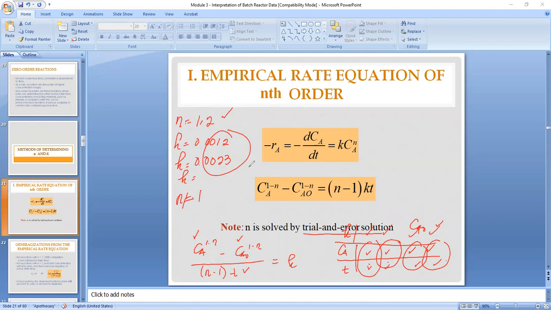So most of the time, my students, when given empirical data to test using integral analysis, resort to using this empirical rate equation rather than guessing a particular rate expression and testing the fit of the data to that guessed rate equation.